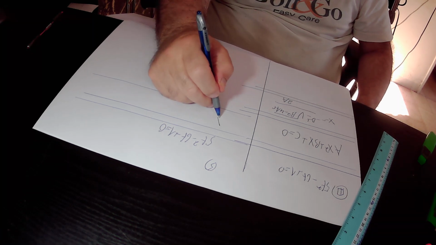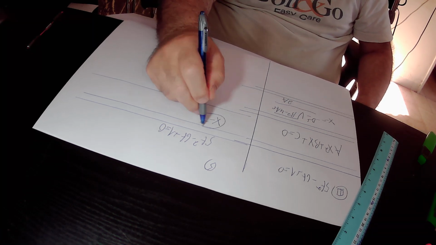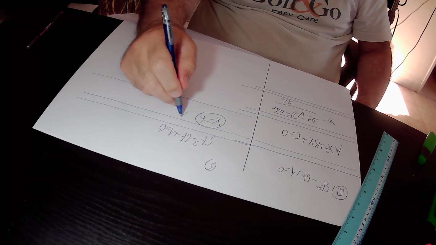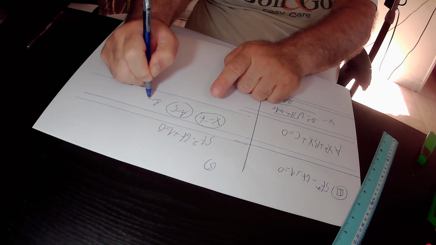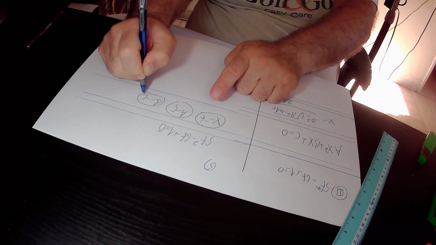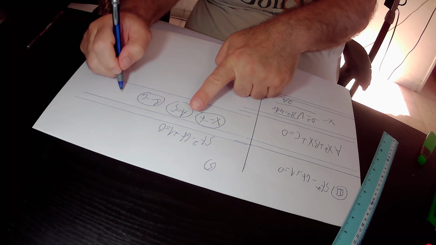So x equals t, the coefficient a equals 5, the coefficient b equals minus 6, and finally the coefficient c equals 1.